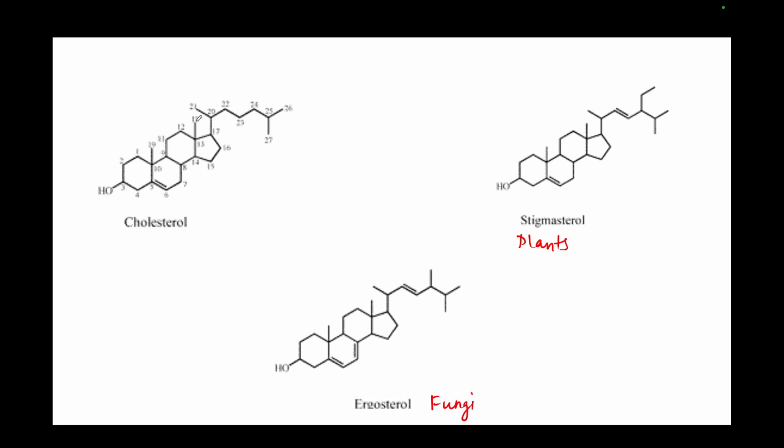So I told you cholesterol is a 27 carbon compound, right? And I told you about the difference in this alkyl chain. This is the alkyl chain. Difference in this alkyl chain makes different types of sterol. So you see here in the stigmasterol, the base structure, the sterol nucleus, is the same, the polar head group is the same, but in this alkyl structure there is a double bond here.